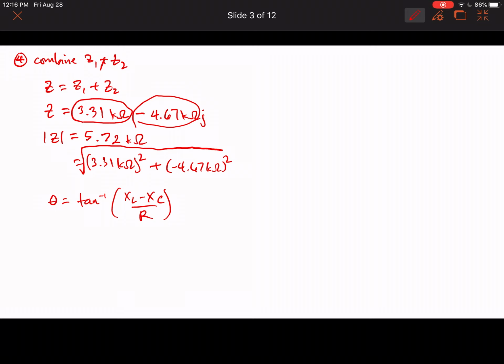That will give us a value of negative 54.7 degrees.